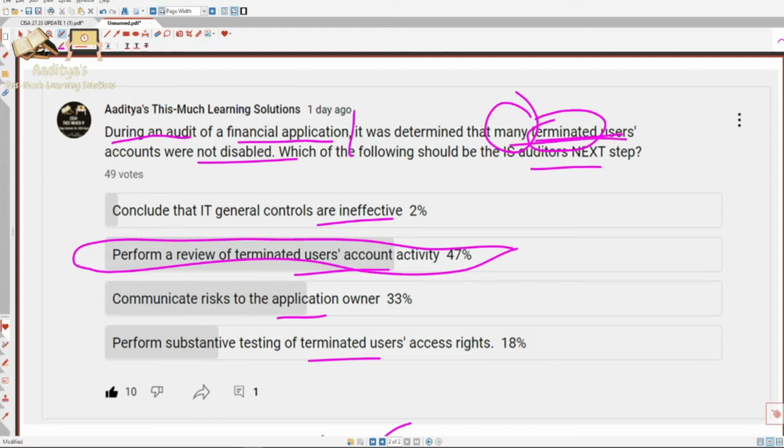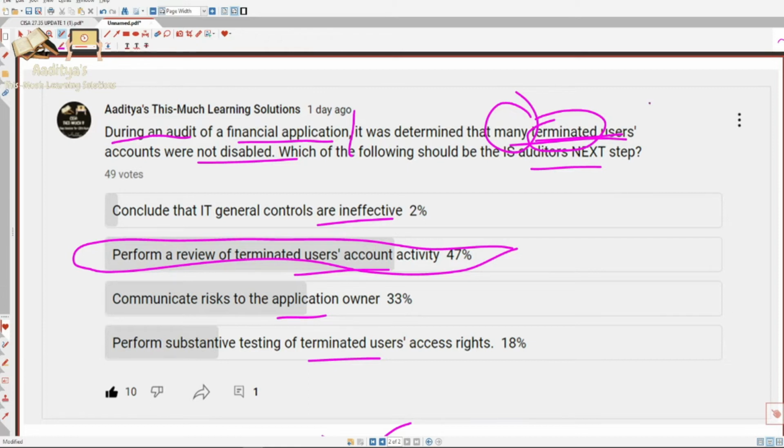First of all, it's not a single case. Many users who have left the organization had their accounts not disabled. So this itself indicates a very critical risk and a violation of your security policy. What these users can do is a different story, and we are not concerned about that right now. This itself, does it denote a control weakness?